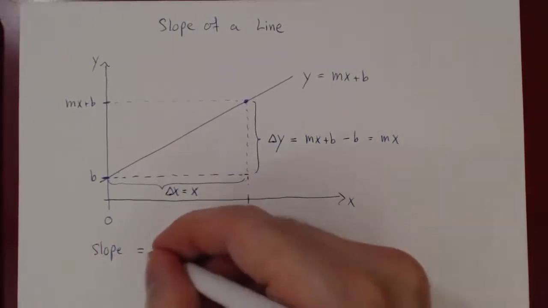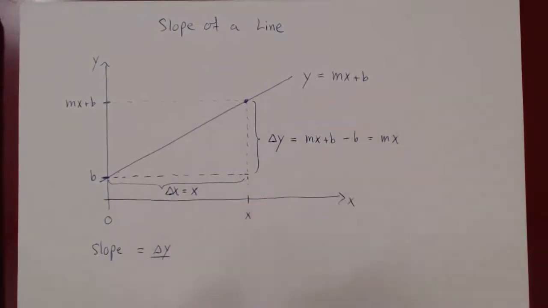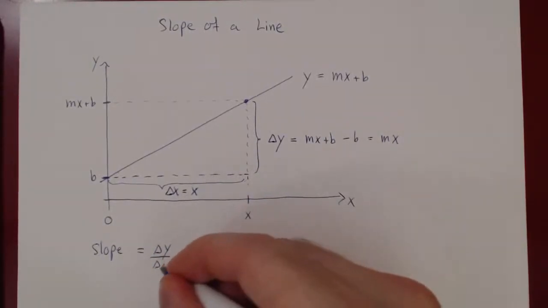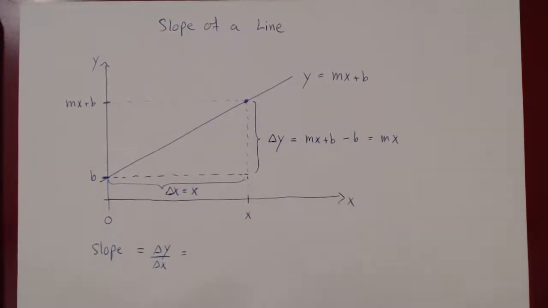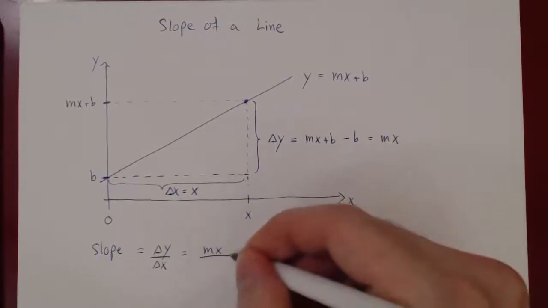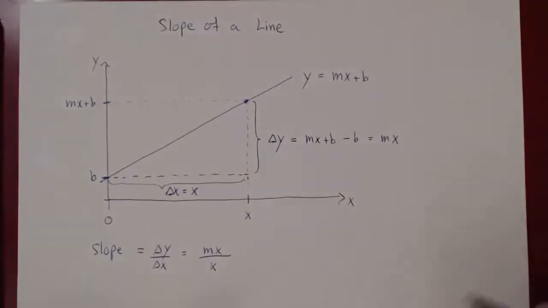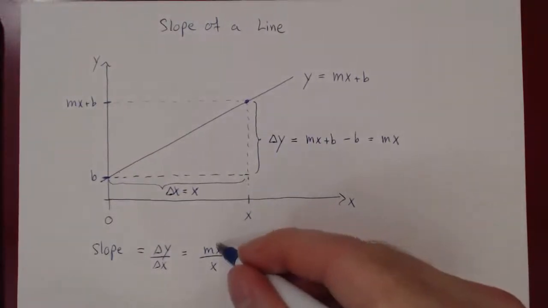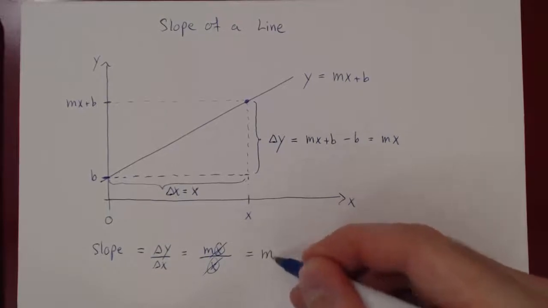The slope is the change in y, delta y, over the change in x, delta x. Well, the change in y is mx. The change in x is simply x. We have a common factor of x on top and on the bottom, so we can cancel it, and we're left with quite simply m.